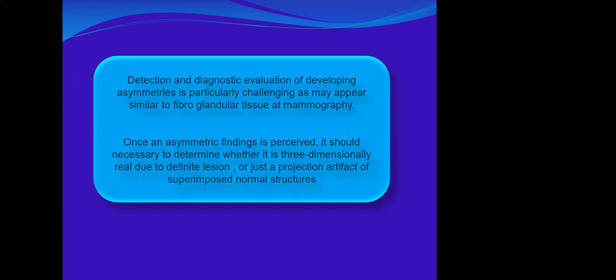Even if it is representing malignancy, it might just appear as fibroglandular. Once an asymmetric finding is perceived, it is necessary to determine whether it is three-dimensionally real due to a definite lesion or just projection artifact or superimposition of normal tissue.